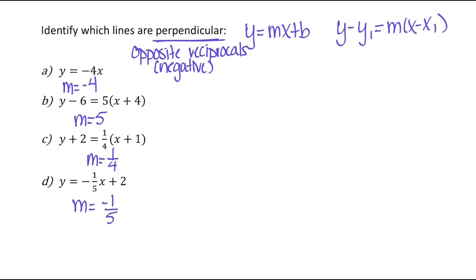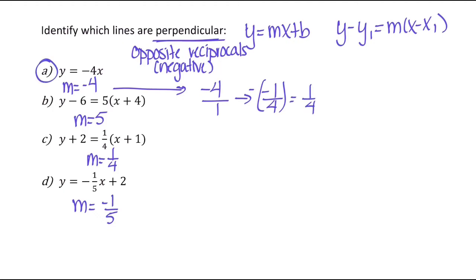So if we have negative 4, what would the opposite reciprocal look like? We have negative 4 over 1. We're going to flip it, and it's going to become negative 1 over 4, and then we make it the opposite sign, so that equals 1/4. So the perpendicular lines would be A and C. Okay. Let's look at this m equals 5. m equals 5 means 5 over 1.